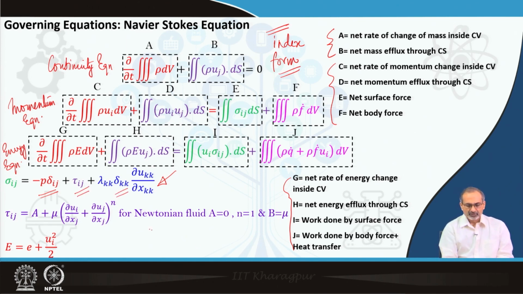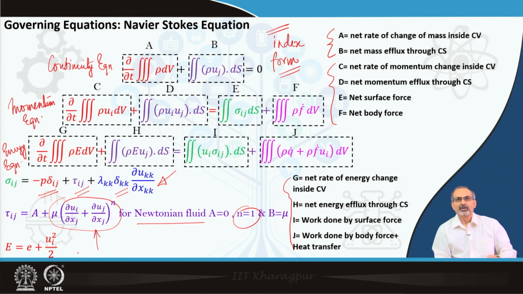And if you look at the viscous stresses, again for a Newtonian fluid, you will only have this portion with an index of 1, and the E term in the energy equation of course involves internal energy and the kinetic energy part. So, you should be able to recall these equations at any point of time as we move along the different lectures of the course.